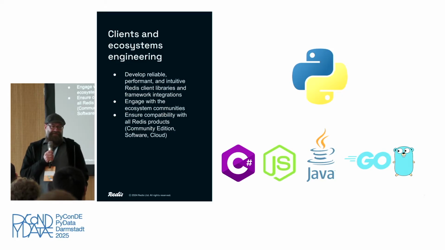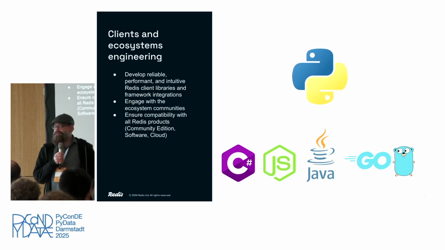But if you would use Redis greenfield in Python, then you would use a library like redis-py, and that library is developed by my team. And in addition, by the way, also Flood. And then in addition, we are responsible for ecosystem integration work, ensuring that the frameworks you're using are working nicely with Redis.